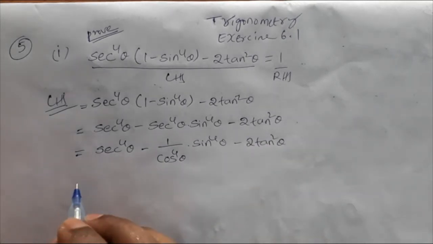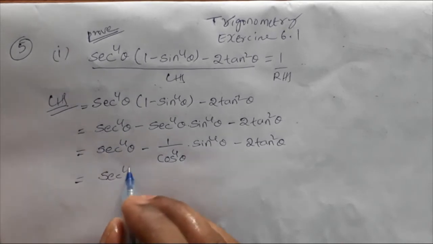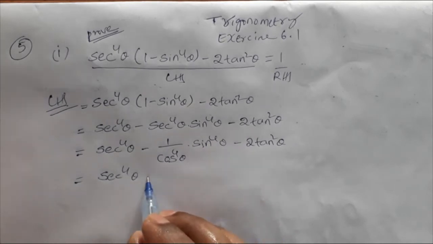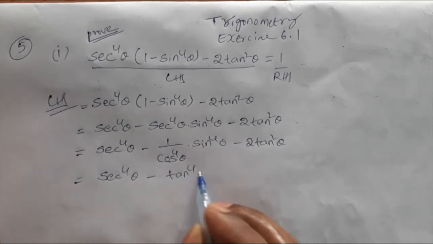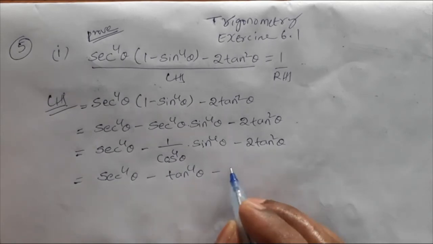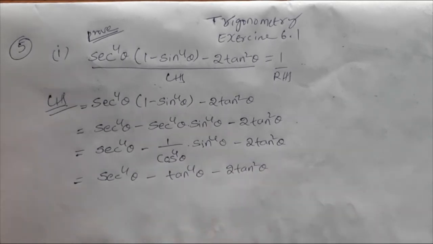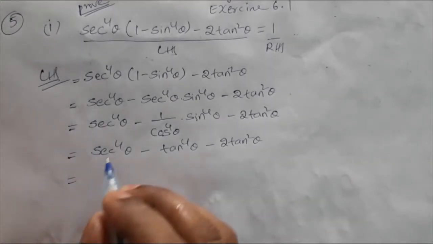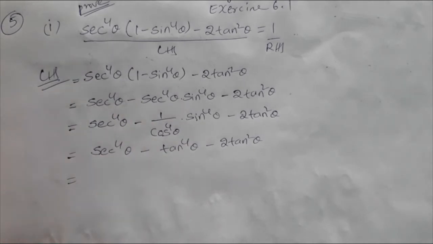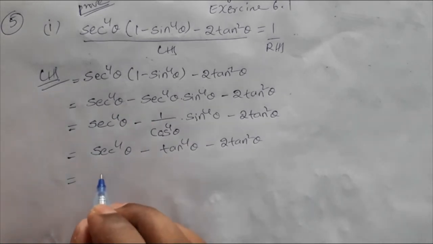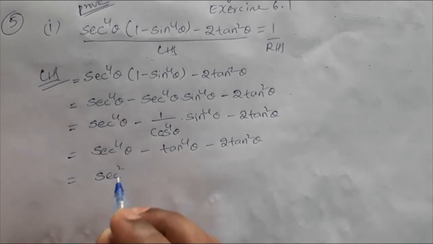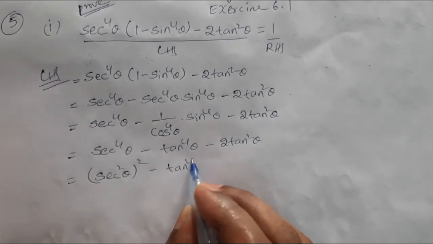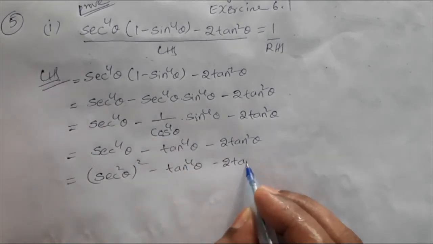Sine power 4 theta divided by cos power 4 theta we can write as tan power 4 theta, minus 2 tan square theta as it is. After this, the first secant power 4 theta we write as secant square theta whole square, minus tan power 4 theta, minus 2 tan square theta.